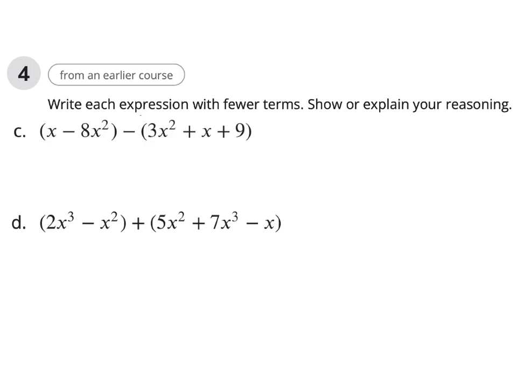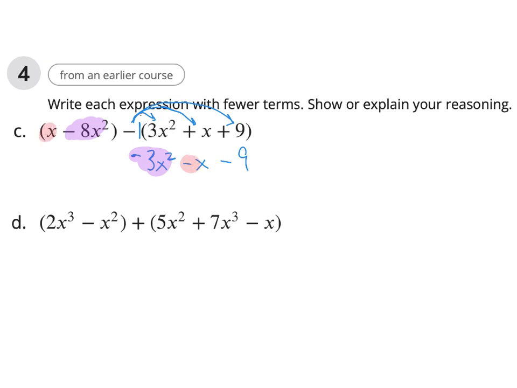Okay, so here's a negative sign out in front of the group. When you have a negative outside, you have to distribute the negative to every term. Before I do anything, I want to distribute the negative. So I'm going to write negative 3x squared minus x minus 9. And so once I group my like terms together, I see negative 8x squared is like negative 3x squared.